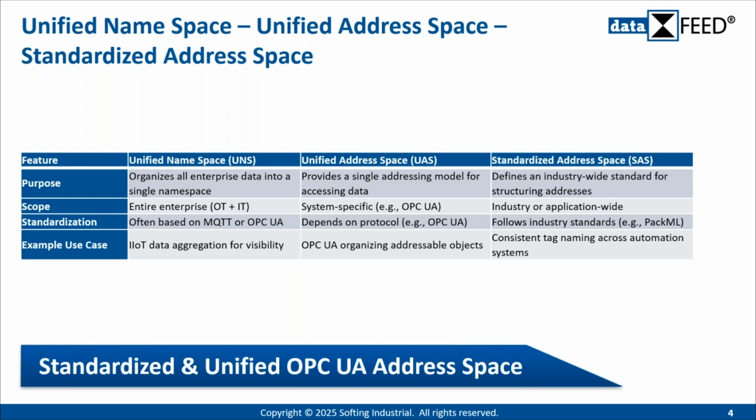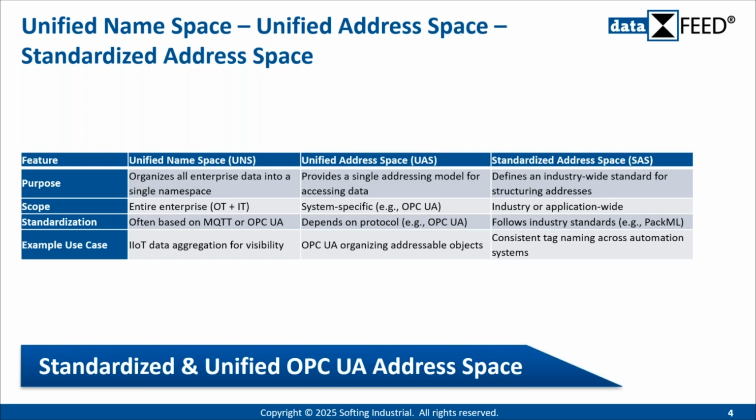So the one is organizing and providing the data, and the other one is the possibility of addressing the data. And the last one, the standardized address space, is an industry-wide standard for the structure of the addresses. And the scope for all this, from my webinar's point of view, is to help the customer to bring the data from the OT into the IT systems.